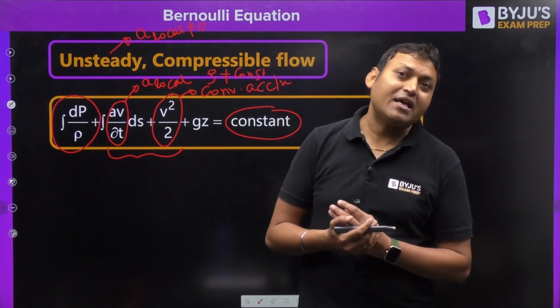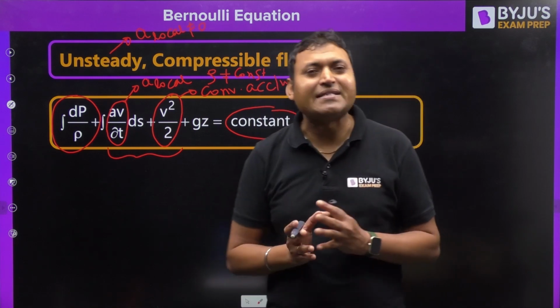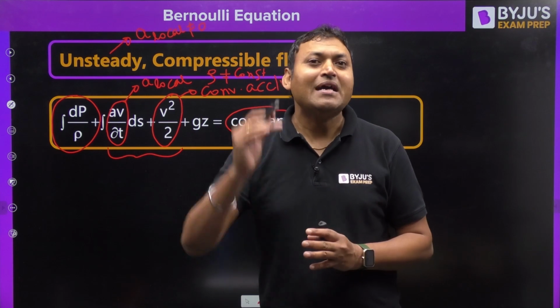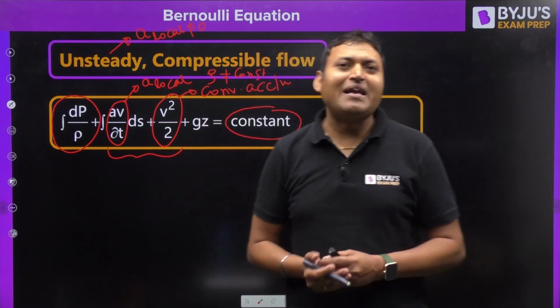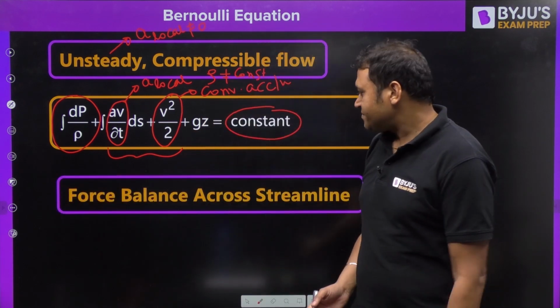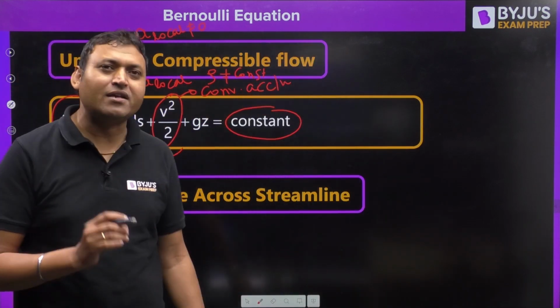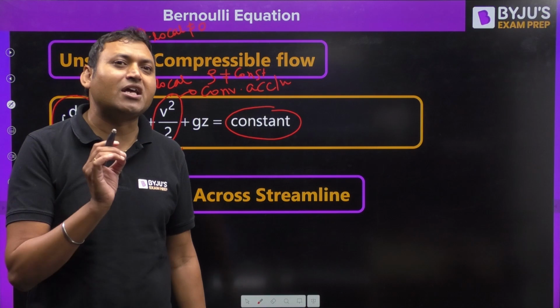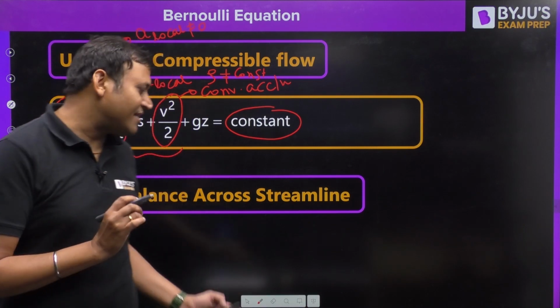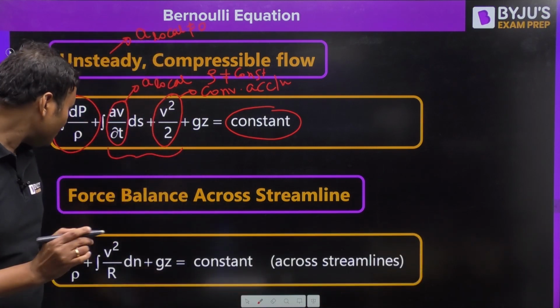But if we apply Newton's second law or the force balance in the normal direction across the streamline, the normal acceleration will come into the picture rather than the tangential acceleration.